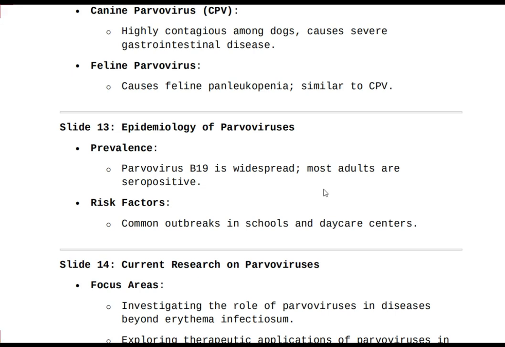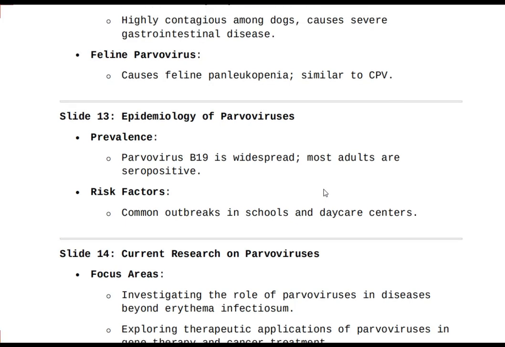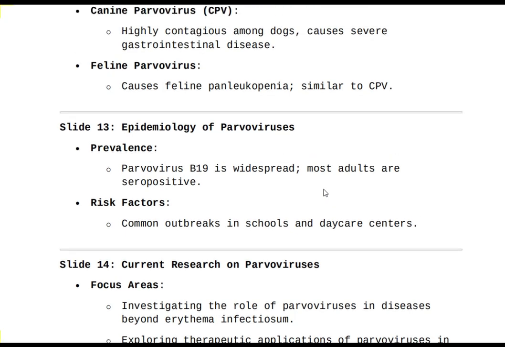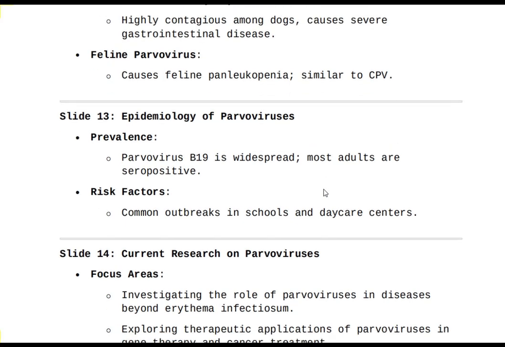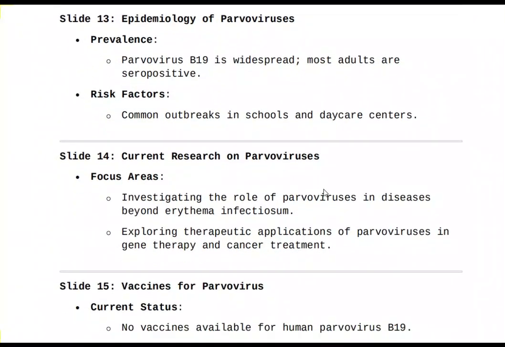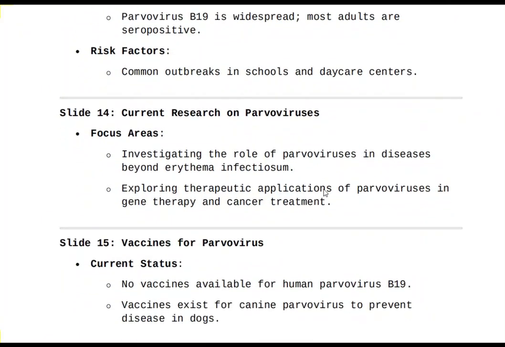The WBCs are depressed in cats, and it's similar to canine parvovirus, so there may also be gastrointestinal disease. Prevalence is widespread, and most people are seropositive. Risk factors: there may be outbreaks in schools or daycare centers because of children and crowding.